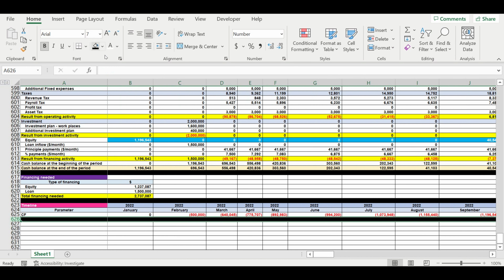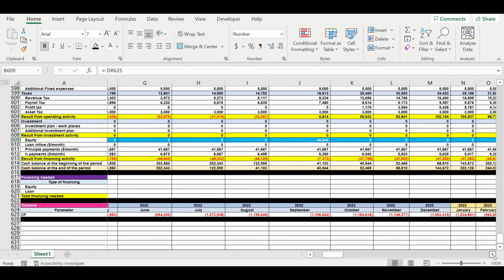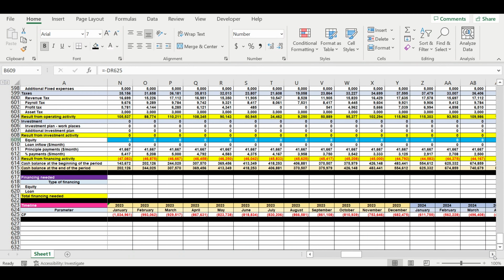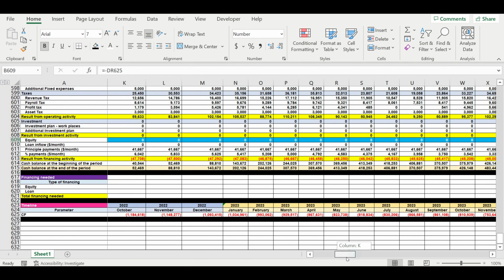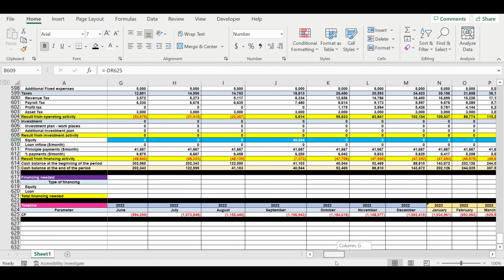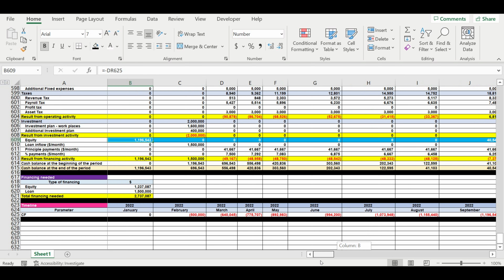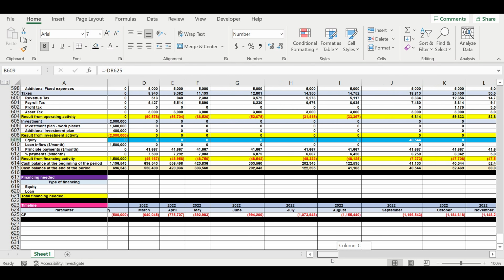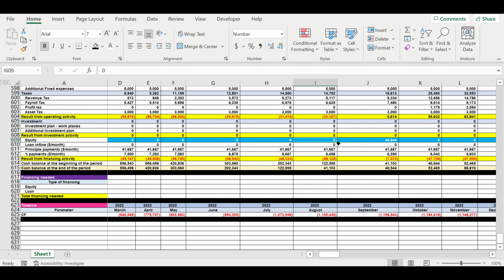So here I can see how much money I need from my side. We can go here and see. So this is mathematical zero when the project starts generating cash itself.